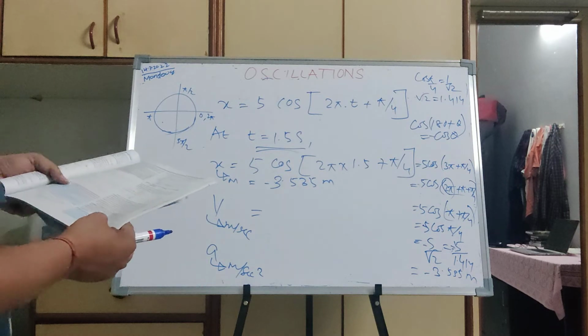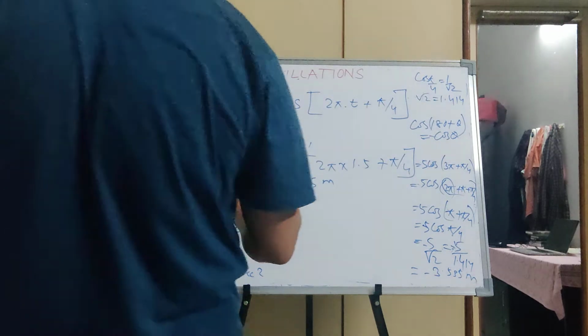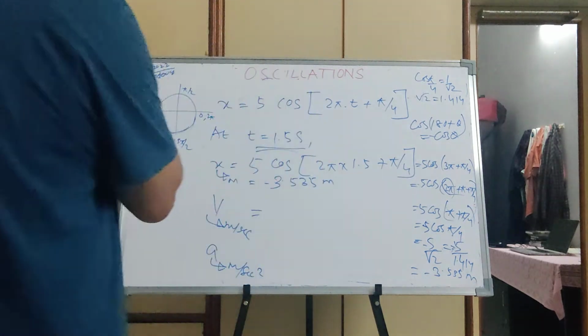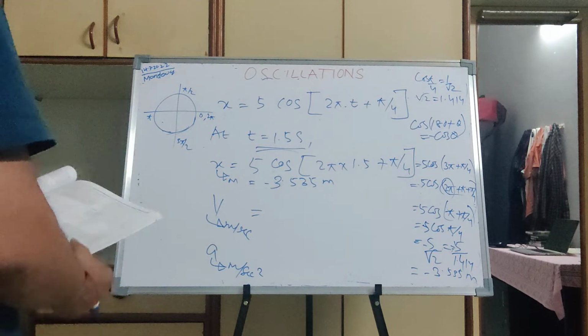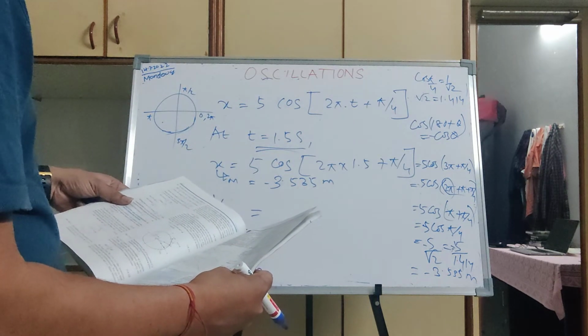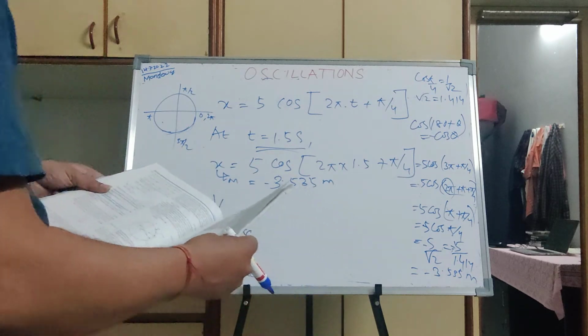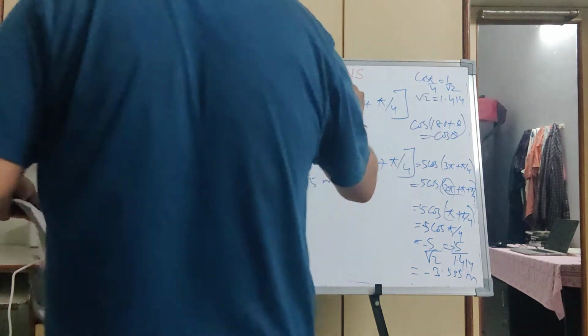Then the next question is velocity. What is the velocity? We have derived velocity to be omega a, the derivative of this. Here omega is 2 pi.